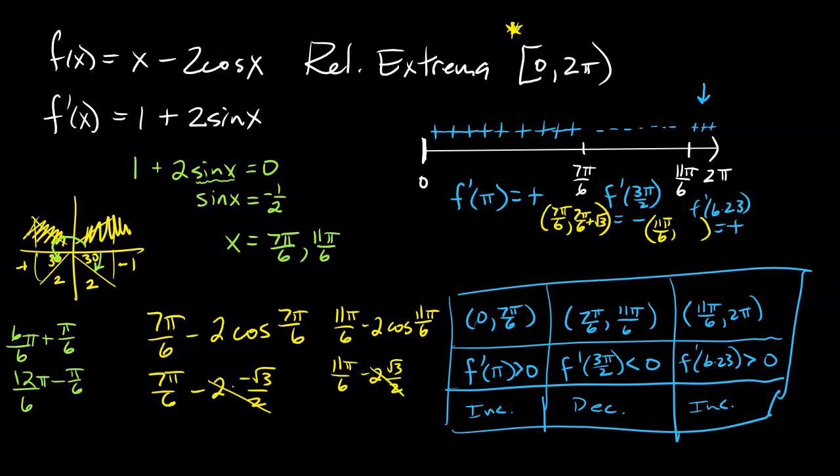So this would be 11 pi over 6 minus square root of 3, and it probably just looks like a jumble to you. But this is going to be a relative max because it changes from increasing to decreasing. This is going to be a relative min because it changes from decreasing to increasing.